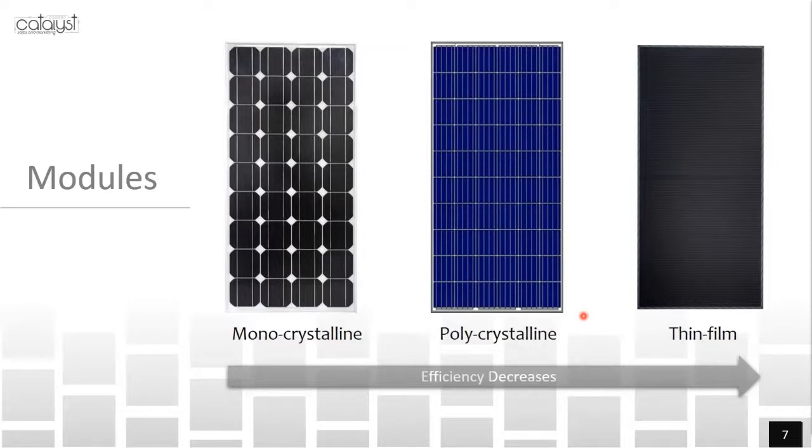And then wattages and efficiencies vary. The first cells ever created, as we looked at in the history, were less than 1% efficient. Now we're pushing 20+% efficiency on cells. And when you do purchase modules, they are measured in watts.